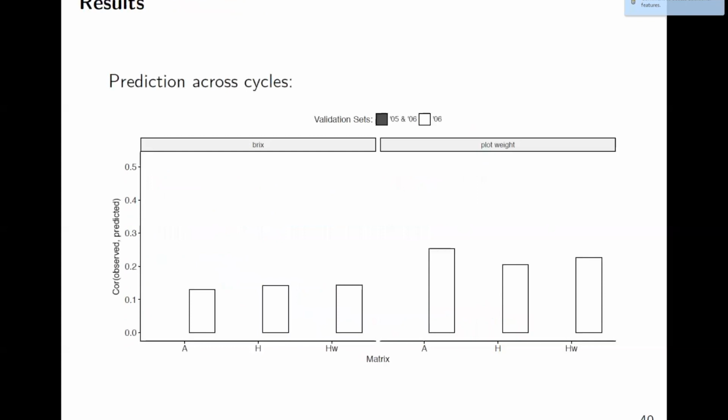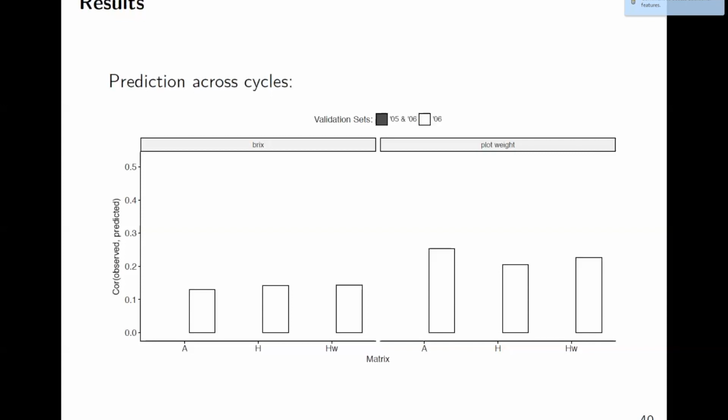So here are the results. Basically, we have predictions in which I'm using the pedigree relationships, the H matrix, and also an HW matrix that I'm calling here, in which I form the subset of the data for which I have both marker and pedigree information, with both matrices.